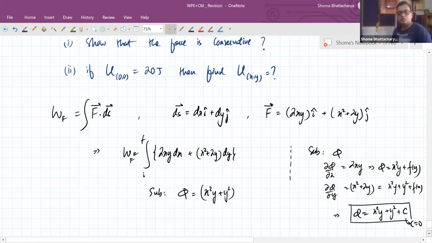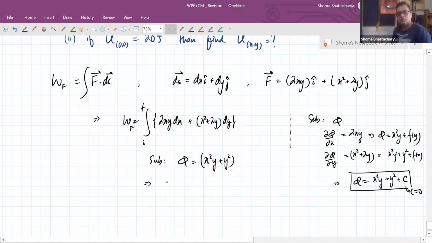Then using the chain rule, we can see that d phi would be equal to this quantity.